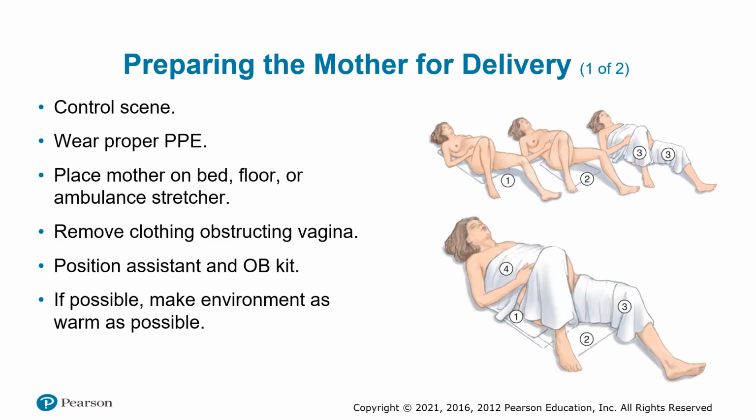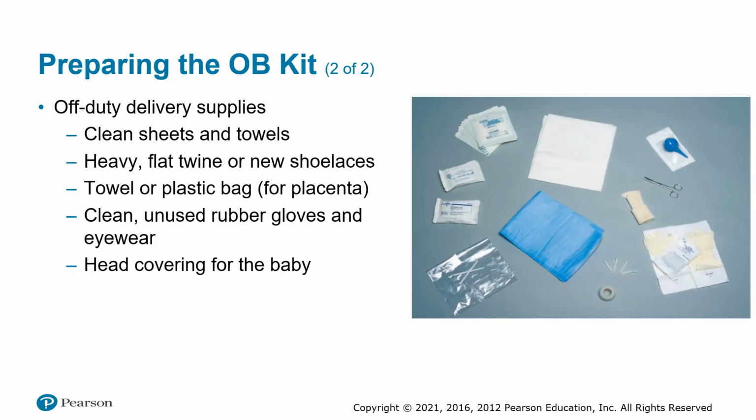We're going to control the scene, wear proper PPE, place mom on the bed, floor, or stretcher, remove any clothing obstructing the vagina, position an assistant and the OB kit, and if possible, make the environment as warm as possible. Off-duty delivery supplies include clean sheets, towels, heavy flat twine or new shoelaces, a towel or plastic bag for the placenta, clean unused rubber gloves and eyewear, and some type of head covering for the baby.